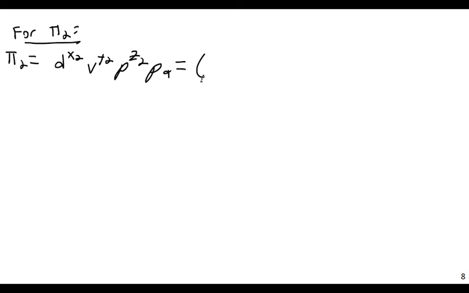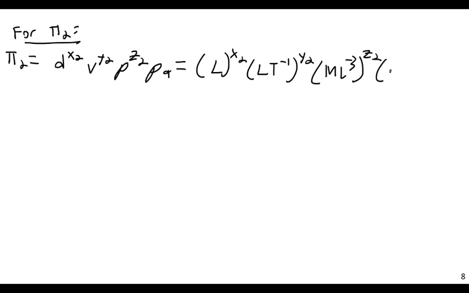Then if I plug in the dimensions, I will have L to the x2 times LT to the negative 1 to the y2 times ML to the negative 3 to the z2 times ML to the negative 3, which is the dimensions again for the density of air, and that will be M to the 0, L to the 0, T to the 0.